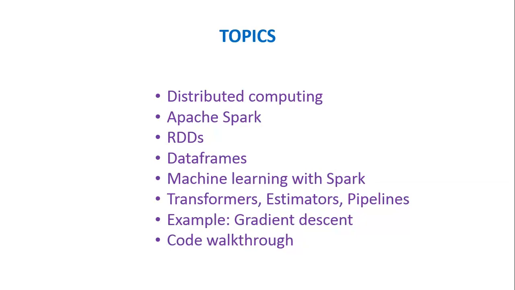Then we will move on to the Spark internals and look at RDDs and data frames, and then the specific APIs for machine learning that would include transformers, estimators, and pipelines. And we will end with an example for specifically gradient descent.